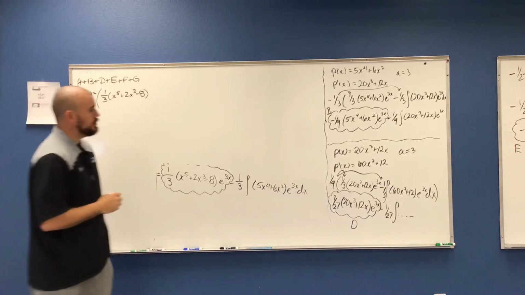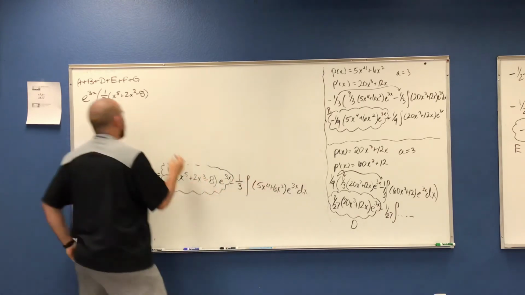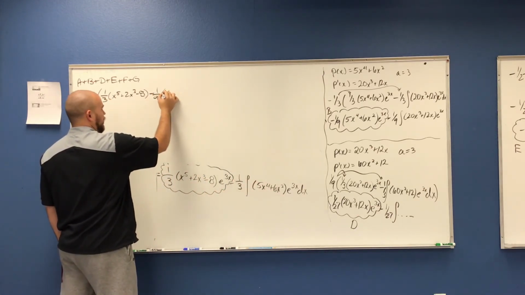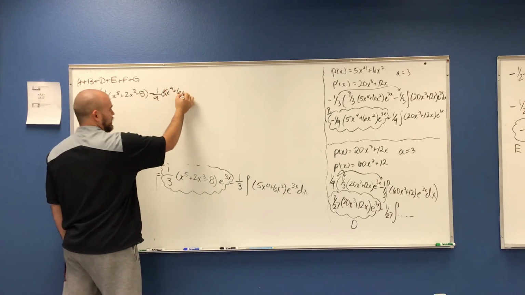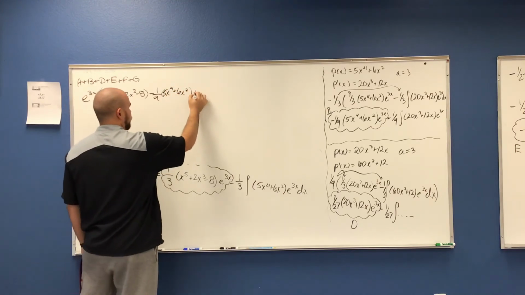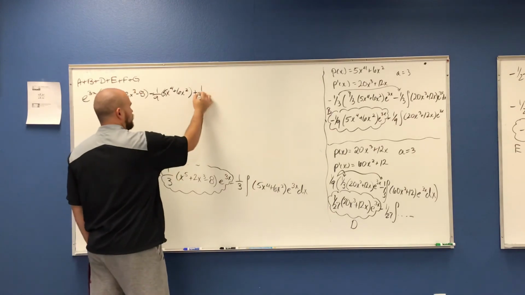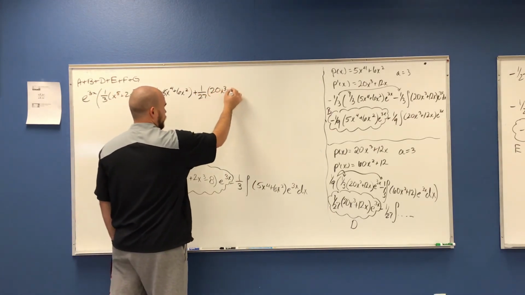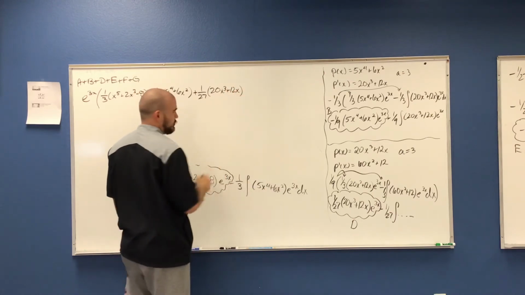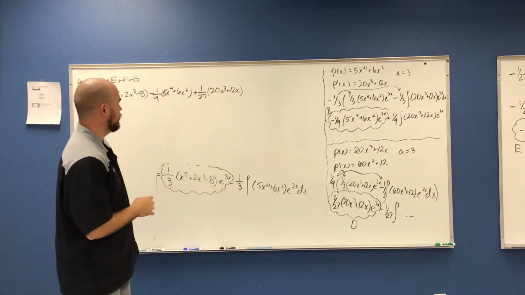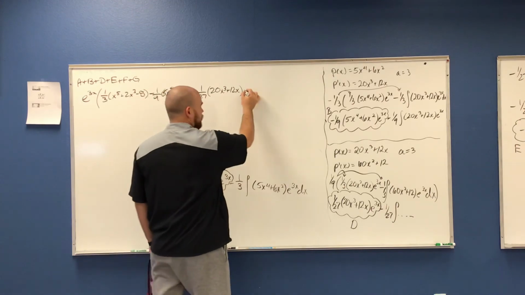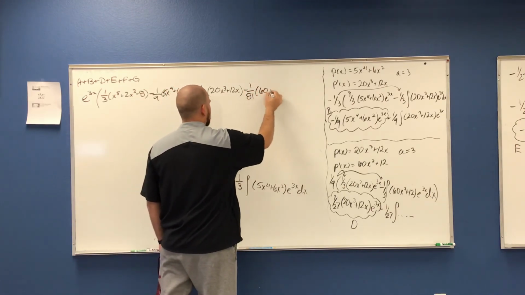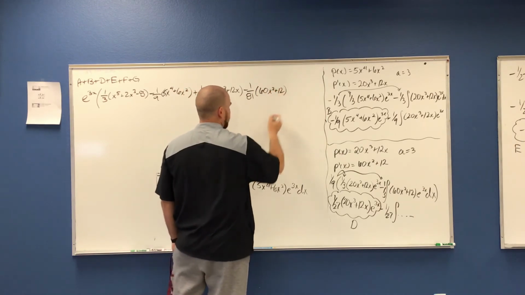Then on to b, which is minus 1/9 times 5x to the 4th plus 6x squared plus 1/27 times 20x to the 3rd plus 12x. Then e, which is negative 1/81 times 60x squared plus 12.